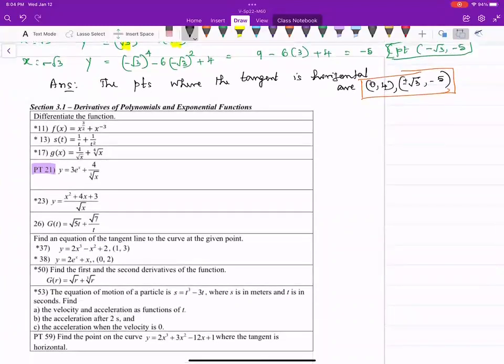You notice that some of the problems in these additional suggested problems have a star symbol and there is a PT symbol. If that says PT, that means it's a practice test problem as well. So it's a good idea to practice all these problems, so you get to know the rules memorized.